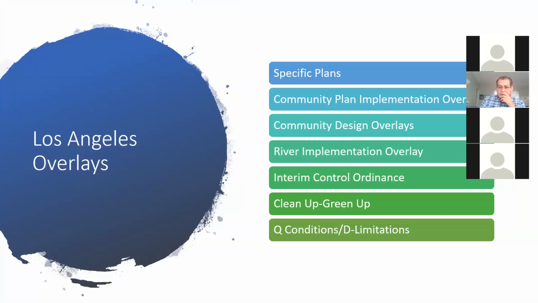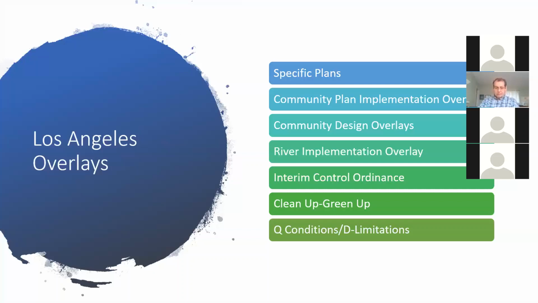Off the top of my head, I know there's one in Miracle Mile or Carthay Square. Usually if it's more quaint, villagey, then it's likely to have a community design overlay.